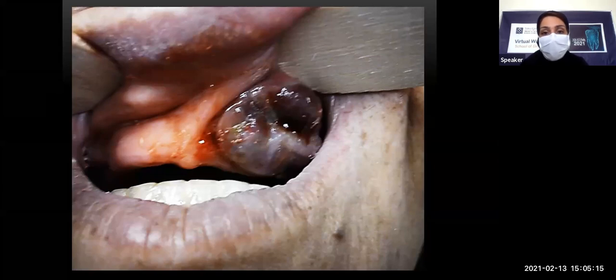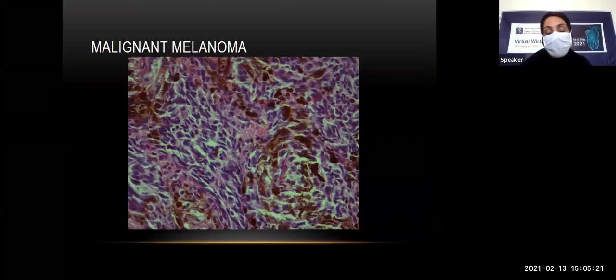And as you see in this slide, the lesion is very easily hemorrhagic, and unfortunately in the excisional biopsy of the lesion, we face this uncomfortable view of the histopathologic lesion.